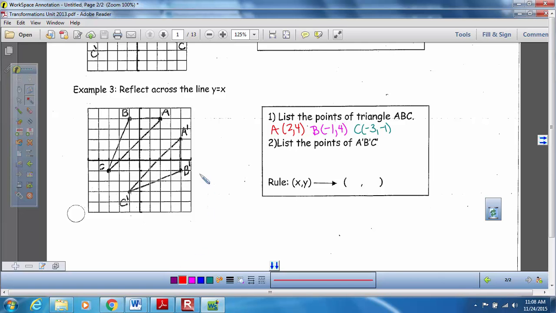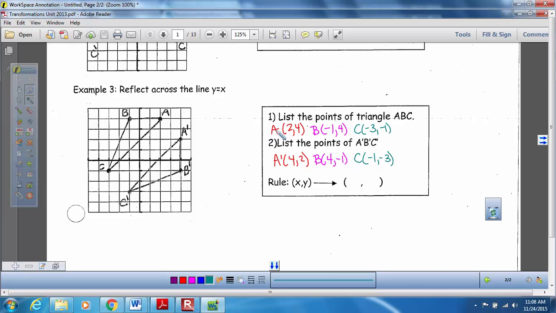Now let's list our A prime, B prime, and C prime and see the correlation there. Looking at A prime, we would be at 4, 2. At B prime, I would be at 4, -1. And C prime would be -1, -3.